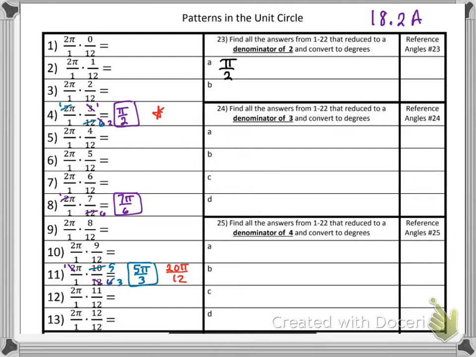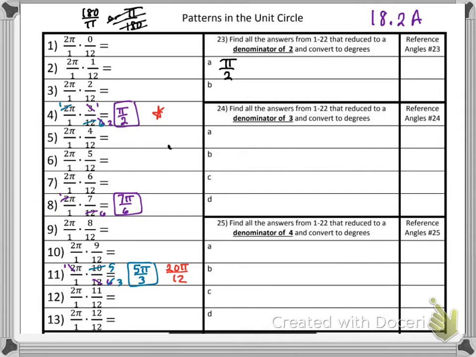And convert it into degrees. Remember that if we want to convert from degrees to radians or radians to degrees, we're going to use 180 over pi or pi over 180. In this case, we're starting with the pi and we want to get rid of it.